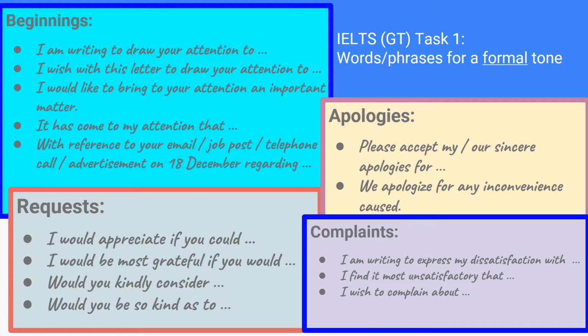I'd like you to pause the video here and write 3 sentences to the accommodation officer about this roommate situation, using a phrase from the beginning box, a phrase from the complaint box, and a phrase from the request box. When you've completed 3 sentences, restart the video.